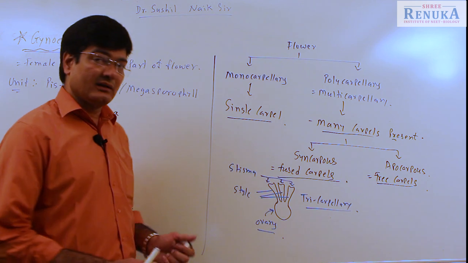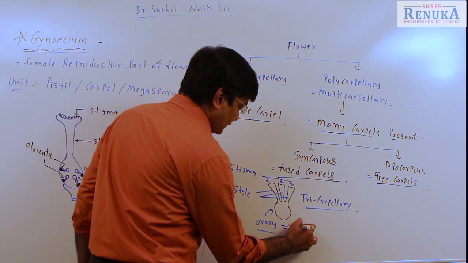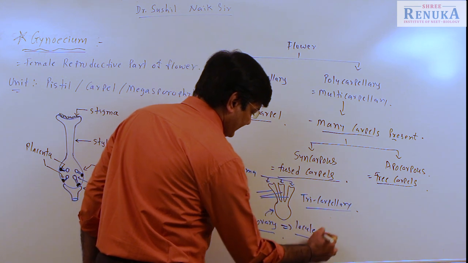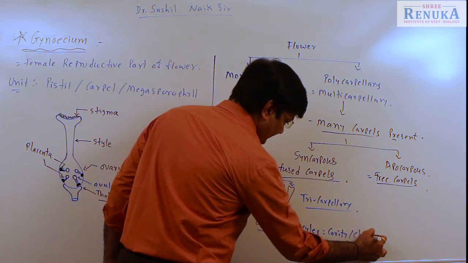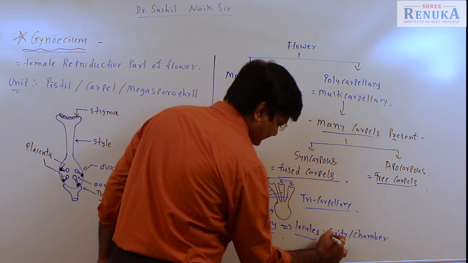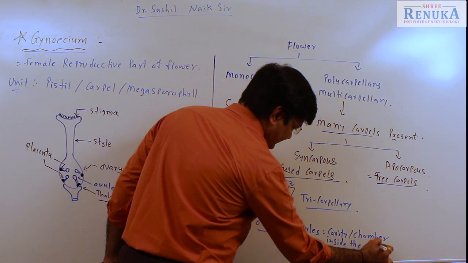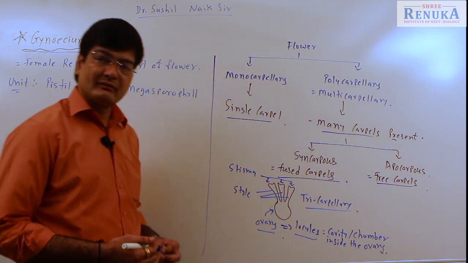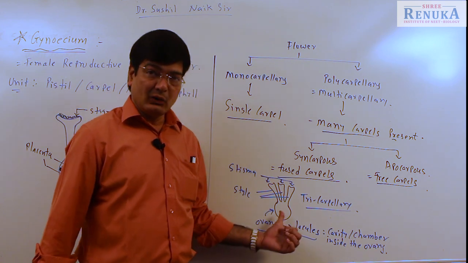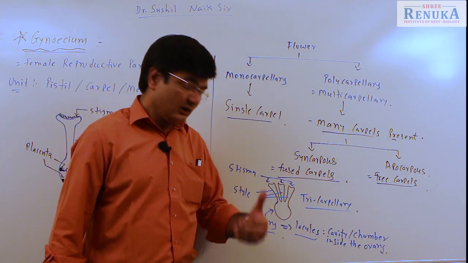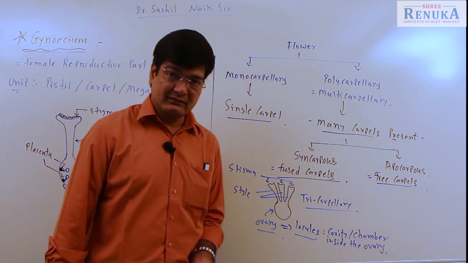Here, again, the important thing is that the ovary has locules inside it, which is the cavity or chamber inside the ovary, and the number of cavities or chambers depends on the number of pistils.